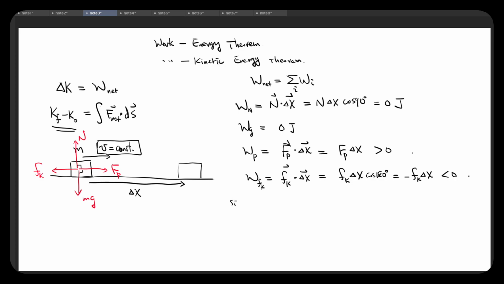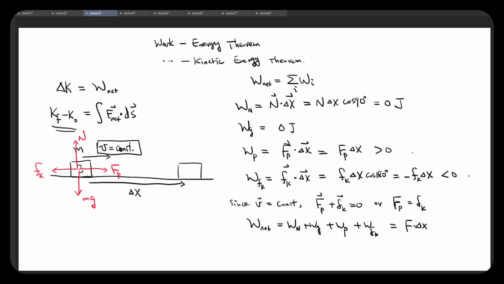Since the velocity is constant, Fp plus Fk must be 0, or Fp equals Fk in magnitude. So that would mean the net work, the summation of all the work, is 0.